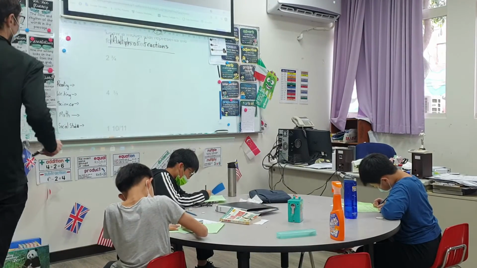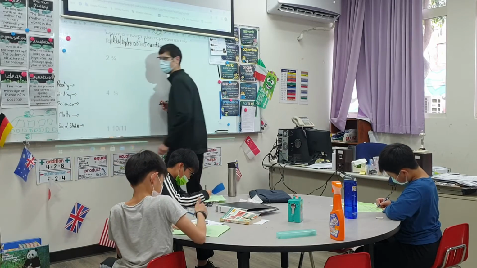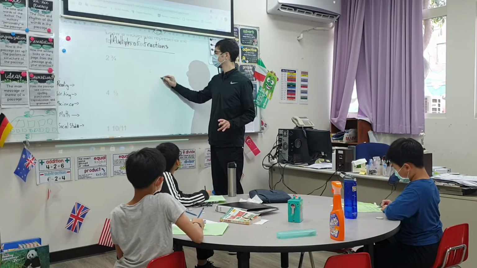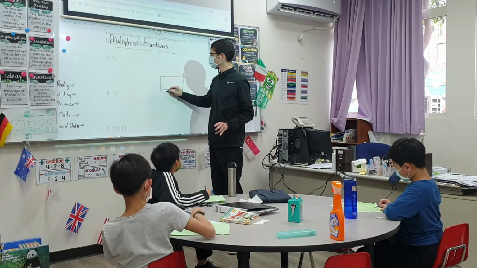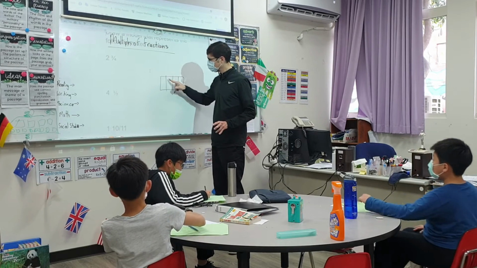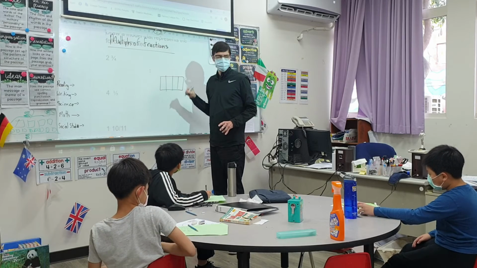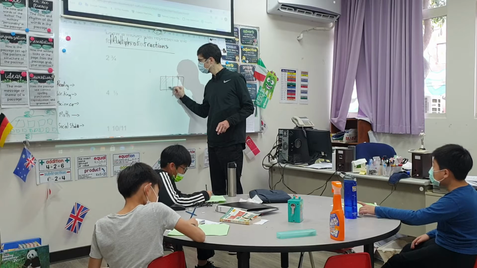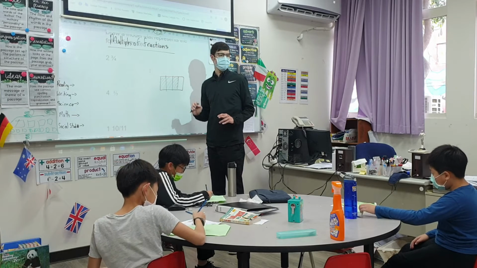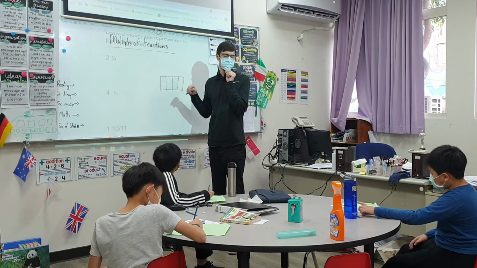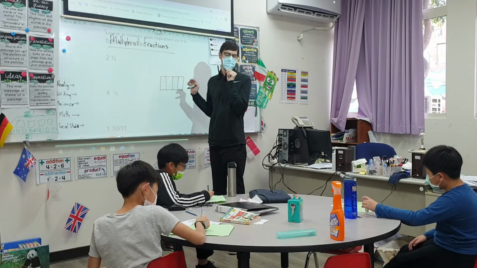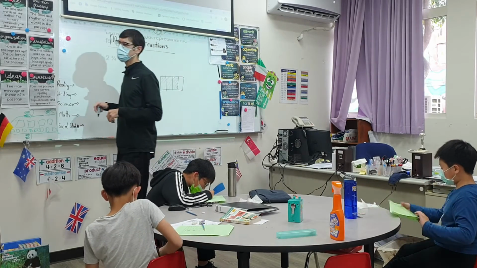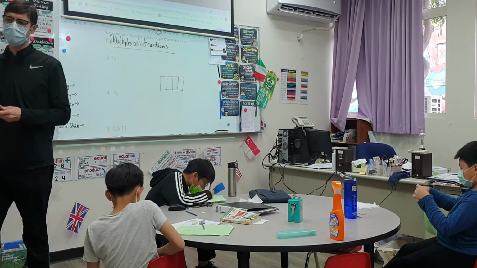So if you're shading, guys, eyes up on me, stop for a second, everybody stop. If you're drawing, these lines need to be very dark. So you need to push stronger when you're drawing them. The shading, very light, not strong, because if you shade really, really strong, I can't see your lines, right? You gotta make sure that the line that you're making is easy to see. So your shading, just a little bit of shading works.